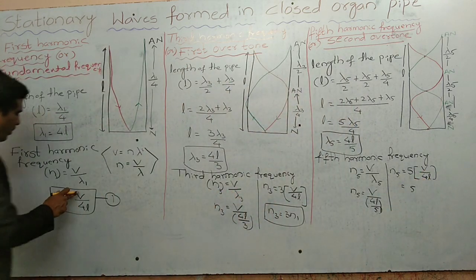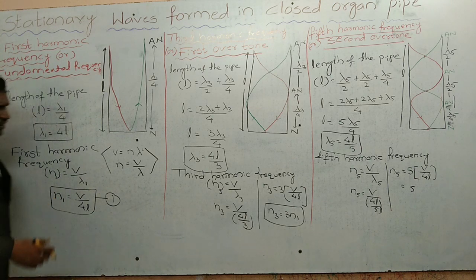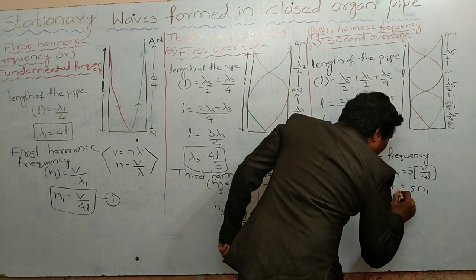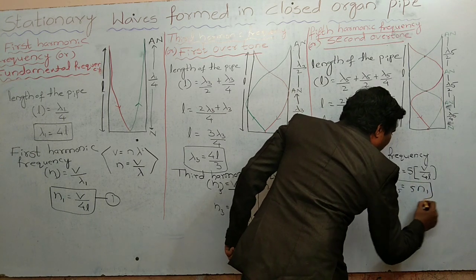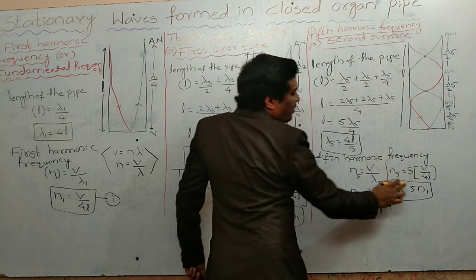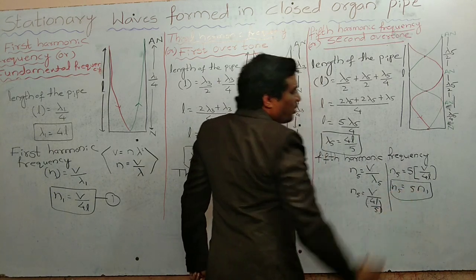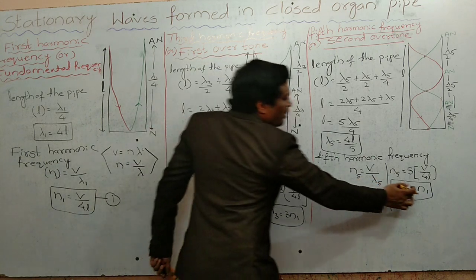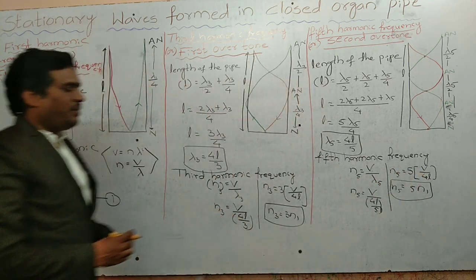What is V by 4L? It is the fundamental frequency, that is N1. N5 equals 5 into N1. So it is called the fifth harmonic frequency because it is 5 times multiple of the first harmonic frequency.